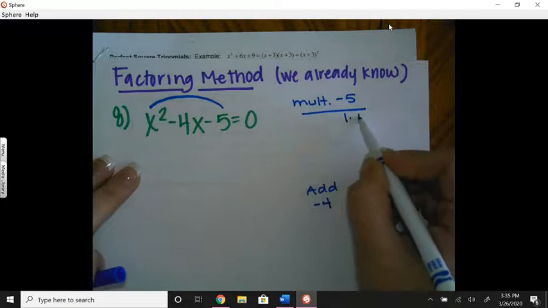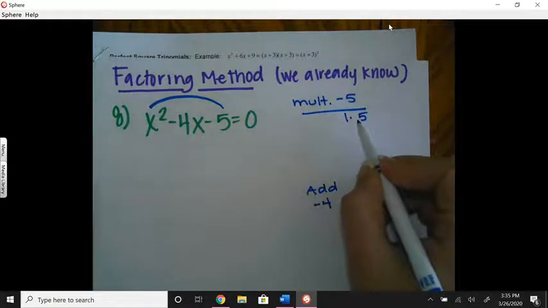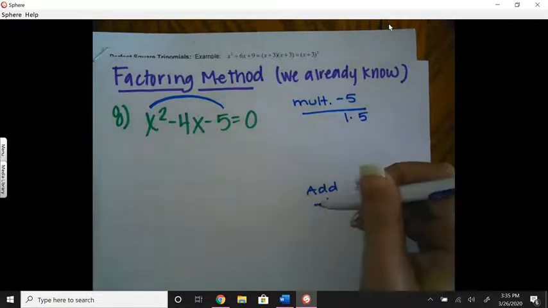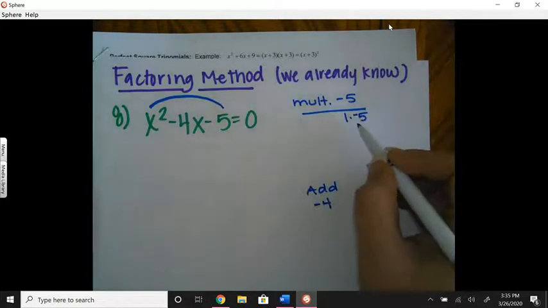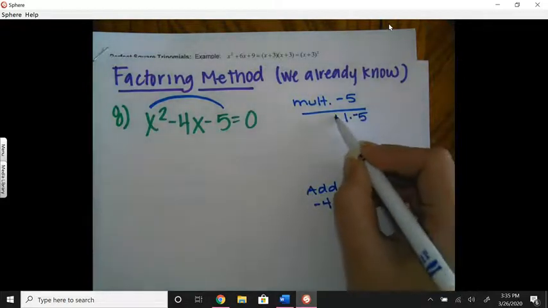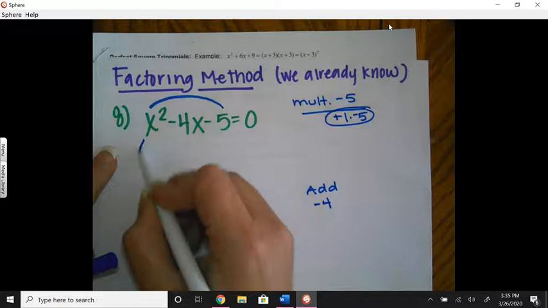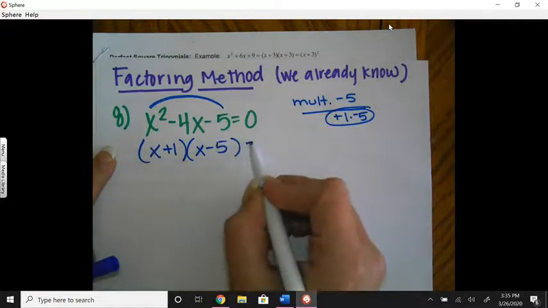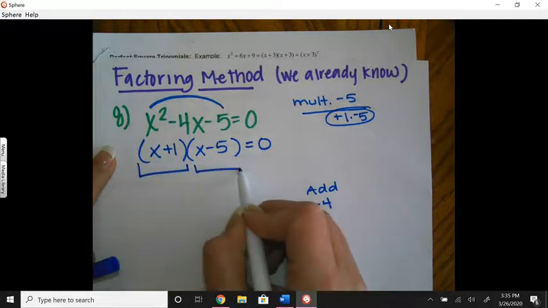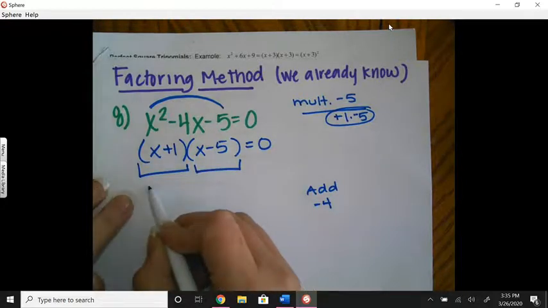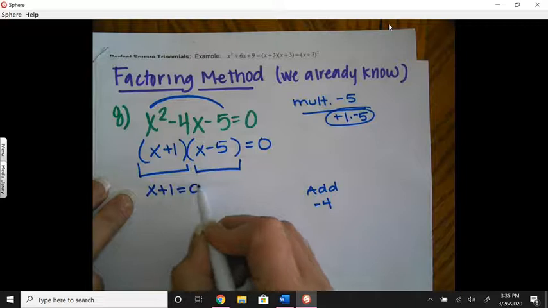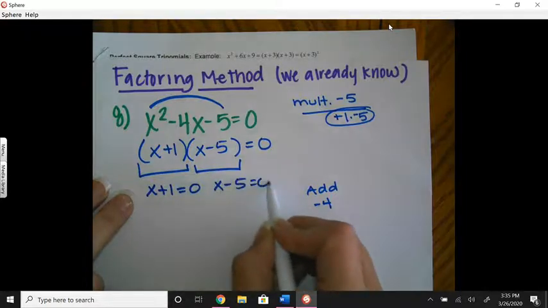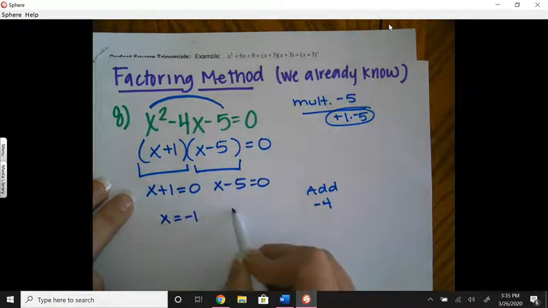So we only have 1 times 5 and it has to add to -4, so that means the bigger number is the negative, and that would work. So then we'd have x plus 1 and x minus 5. And then we would set each factor equal to 0, and that is how we would get our two solutions, x equals -1 and x equals 5.